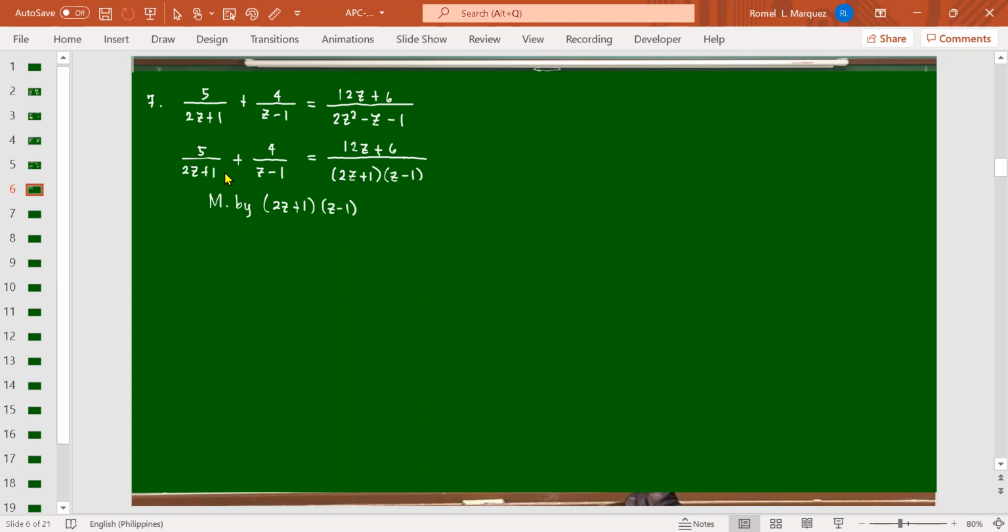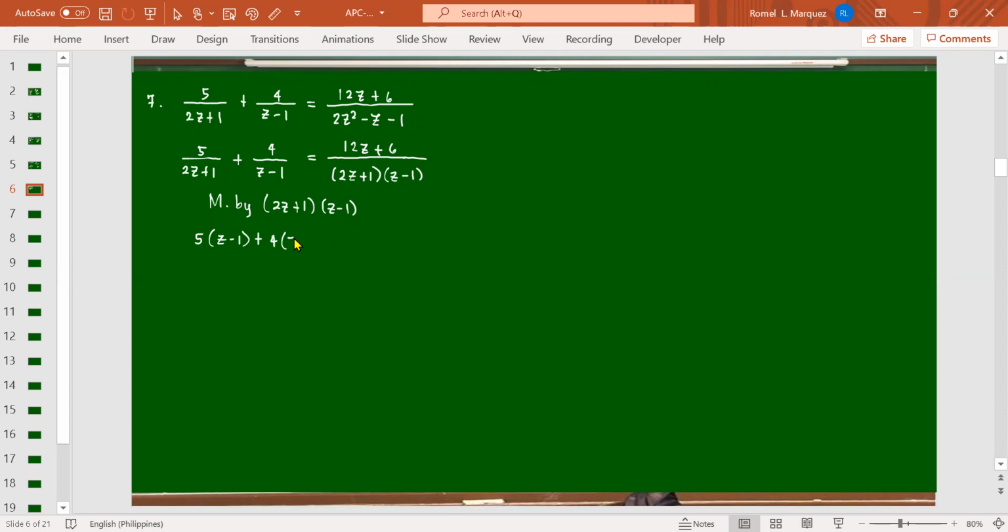Okay? So that we will be able to get rid of the denominators. 2z plus 1, z minus 1 multiplied to this first term on the left side, getting 5 multiplied by z minus 1. So 2z plus 1 is cancelled out. Plus 4 times what is cancelled out. So z minus 1.